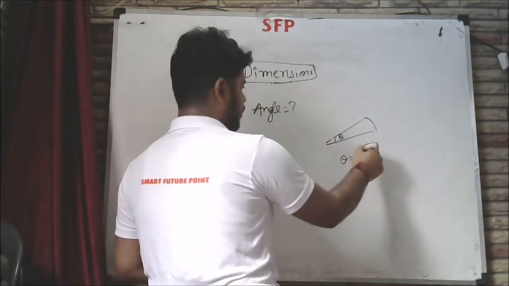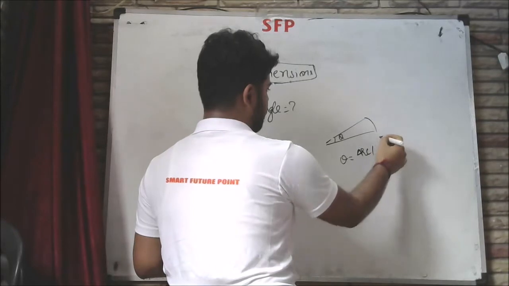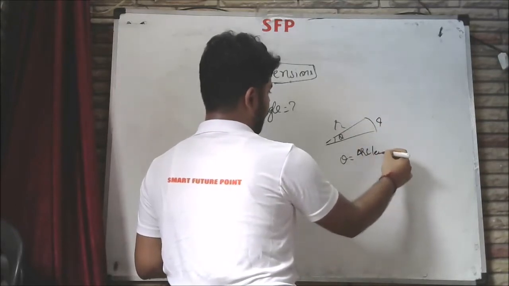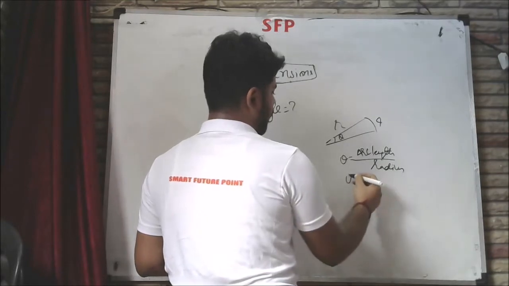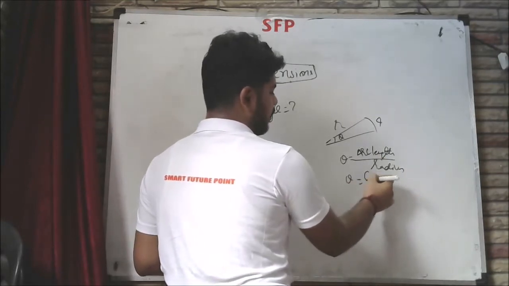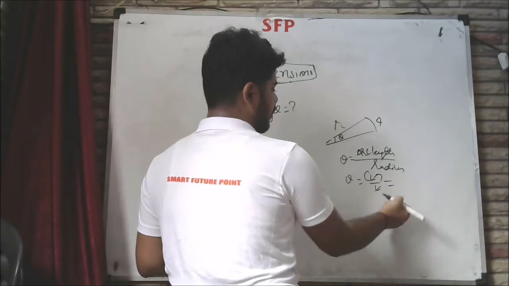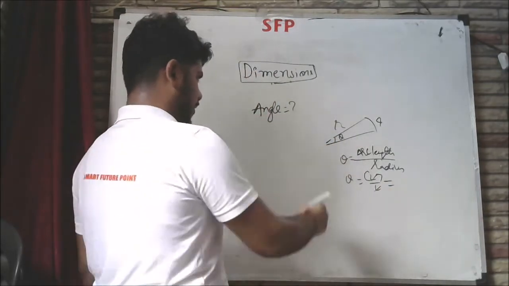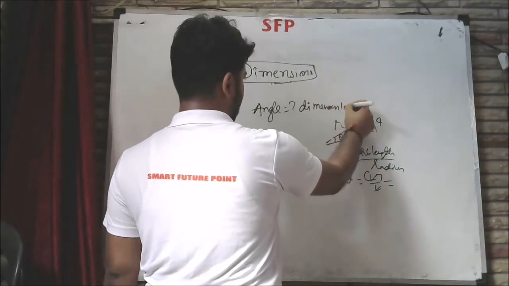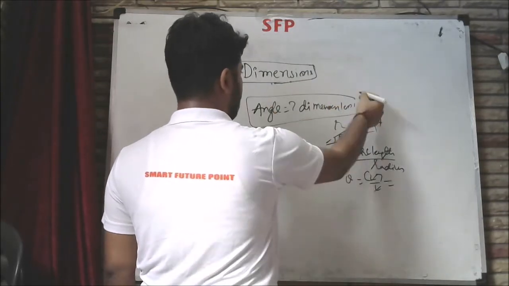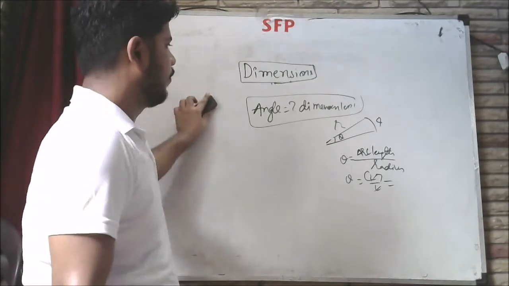Theta is angle. This is nothing but arc length by radius. Arc length has dimension of L, radius has dimension of L. Angle is again a dimensionless quantity. Angle has no dimensions. Fine.